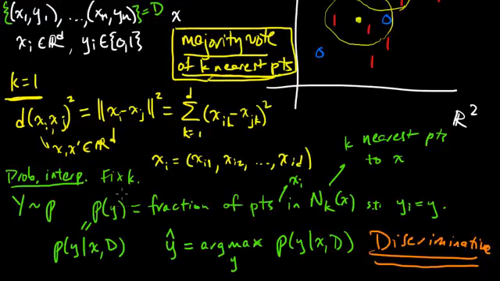And let me briefly say, how does one choose k? Well, this points one in the direction of a very important problem, which is how do you select the parameters for your model.